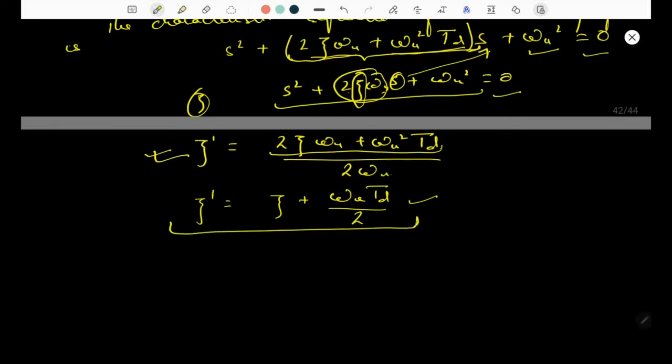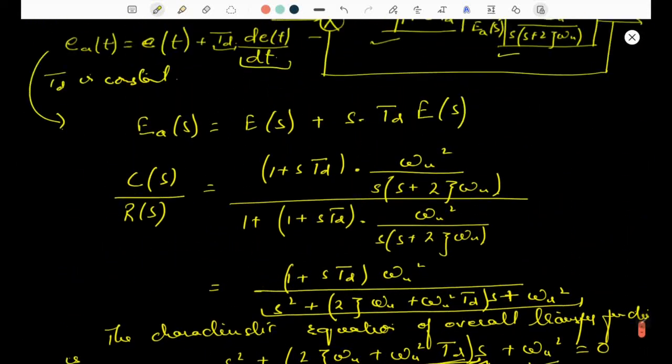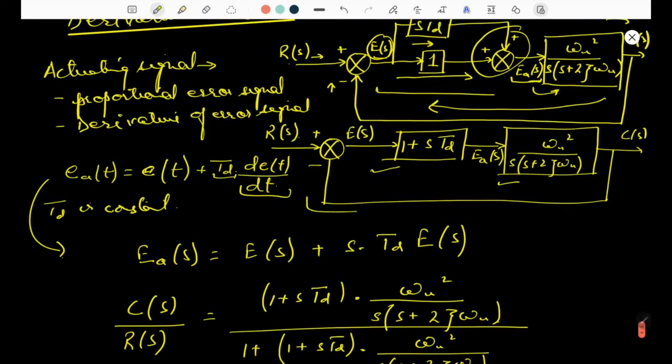All right. So from this block diagram, we can also write the forward path transfer function and the feedback path transfer function. What is the feedback path transfer function?